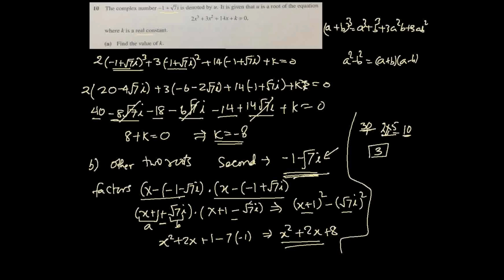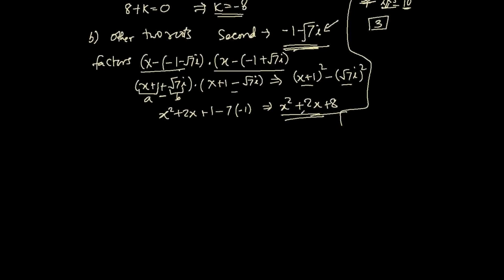I've multiplied these two, I got their multiplication, and now I will divide the polynomial I had by this particular result. So x square plus 2x plus 8 divides the polynomial we had, which was 2x cube plus 3x square plus 14x, and we got minus 8, k equal to minus 8. So this is what we'll do with long division now.